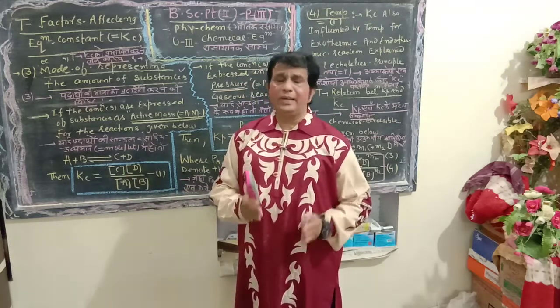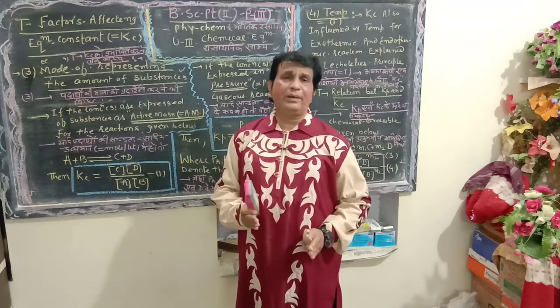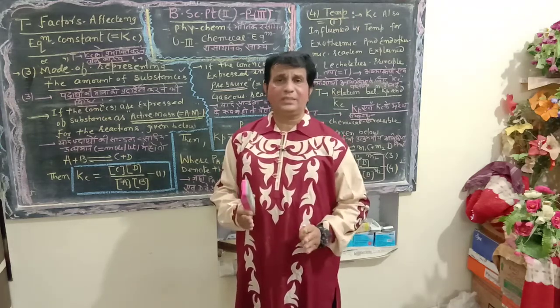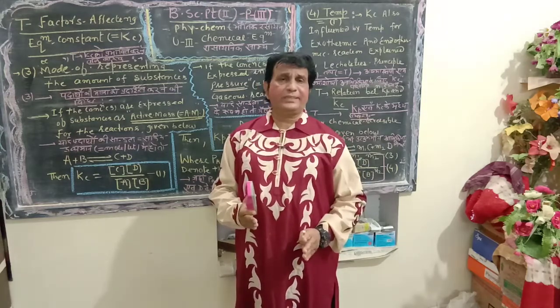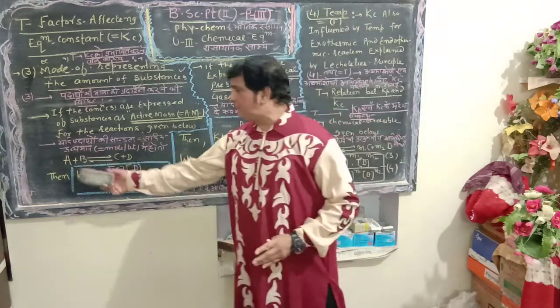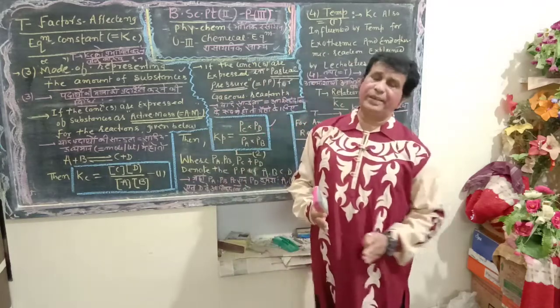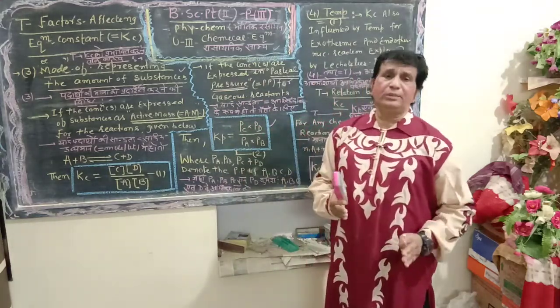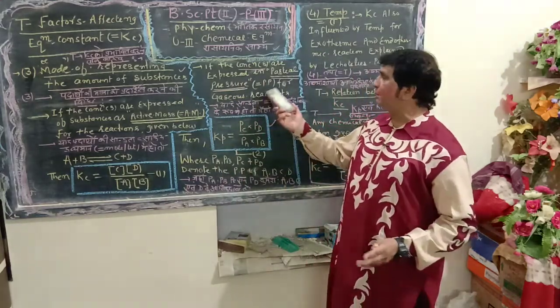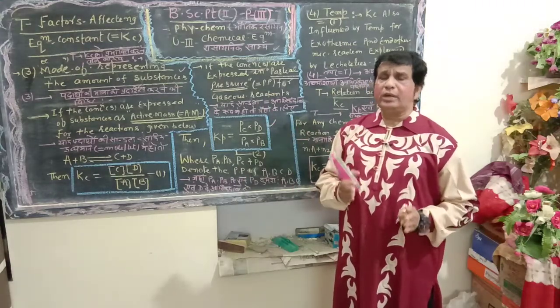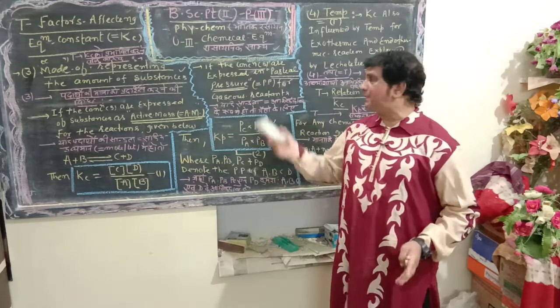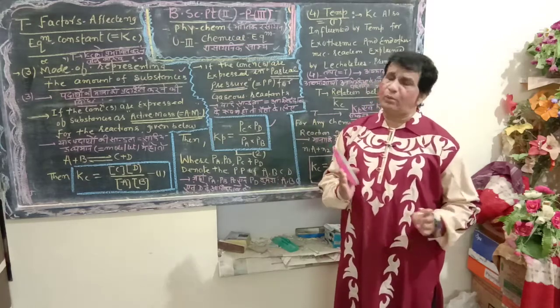Dear students, there are so many reactions in the environment of inorganic and organic chemistry. Suppose in a reversible chemical reaction, all the reactants and products are present in the gaseous phase. In such a position, the concentration will be expressed in terms of partial pressure, because according to the kinetic theory of gases, partial pressure is the fundamental property of gases.